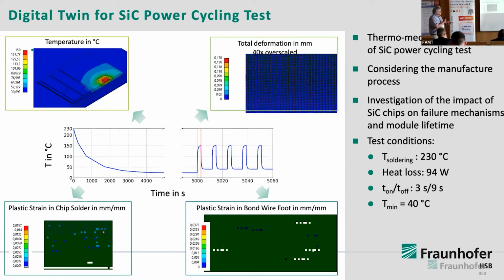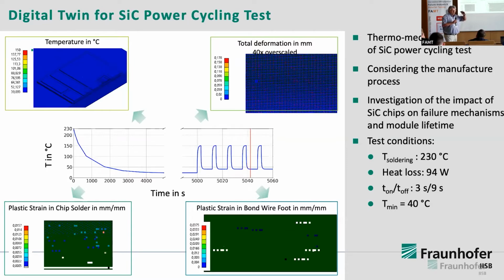So this is the way where we really calculate lifetime on the cycling, and not forgetting that you cannot use literature data when you do your simulation, because when you talk about a chip soldered to a substrate, you had the chip and the substrate at 230 degrees when you were cooling it down.